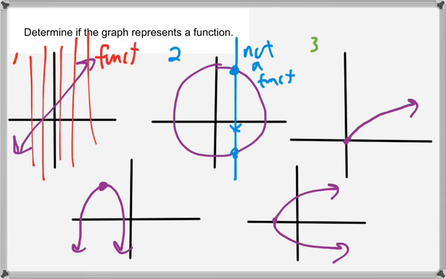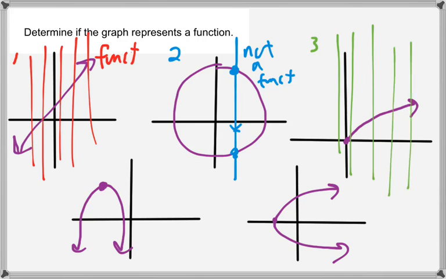All right, for the third graph, anywhere we draw a vertical line, it goes through at most one point on the graph. So this one is a function. The fourth one down here, similar.